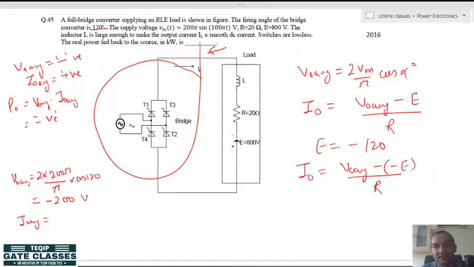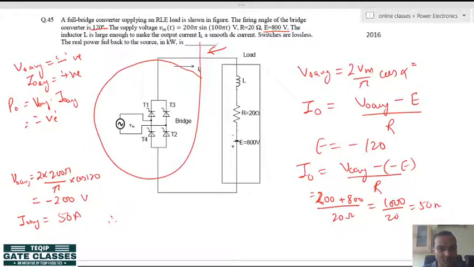Here E is 800 volts. So, what we get here: 200 plus 800 by R, R is 20 ohms. So, it is 1000 by 20, which means 50 amperes. So, I naught average is 50 amperes.